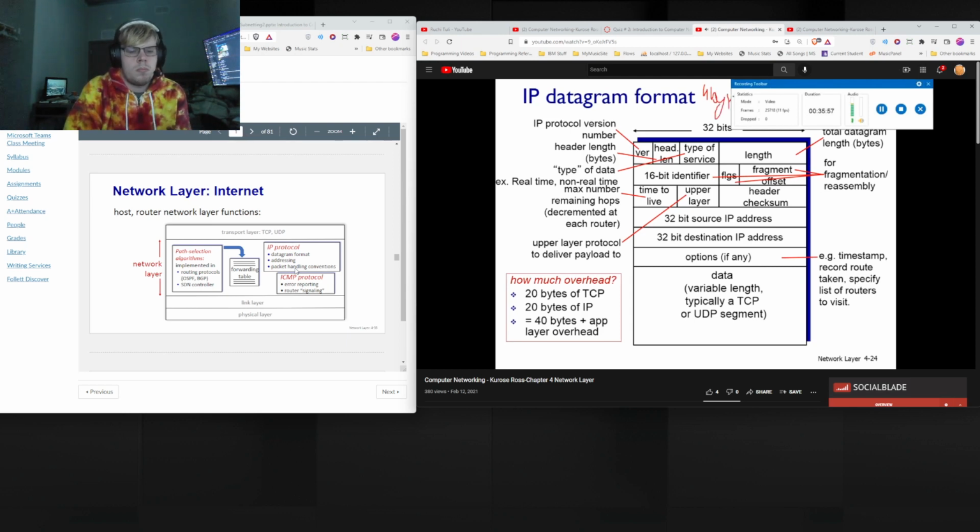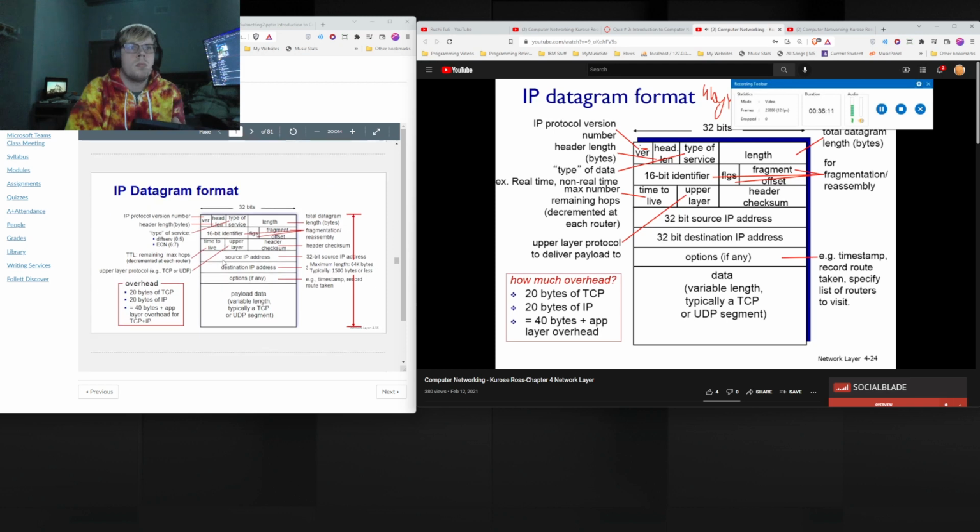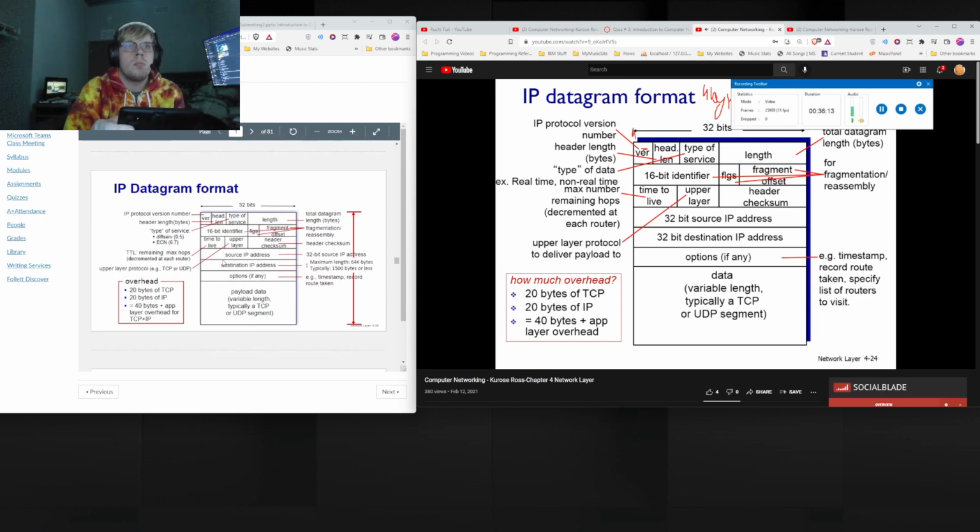Now, what are the various fields in those 32 bits or those 4 bytes? If you see, the first one is the version. Version tells us the version of IP, and the version uses 4 bits. So 4 bits are used by the version. For example, IPv4 or IPv6.